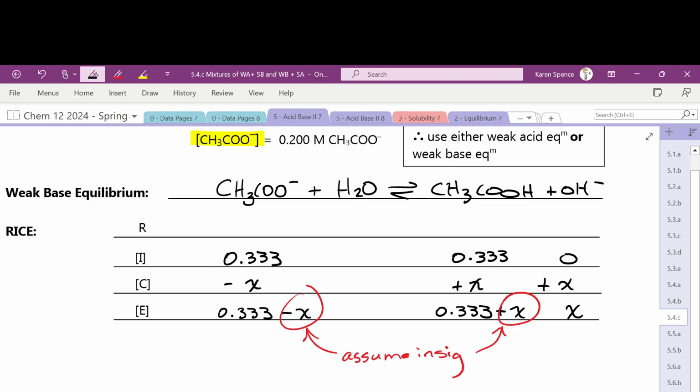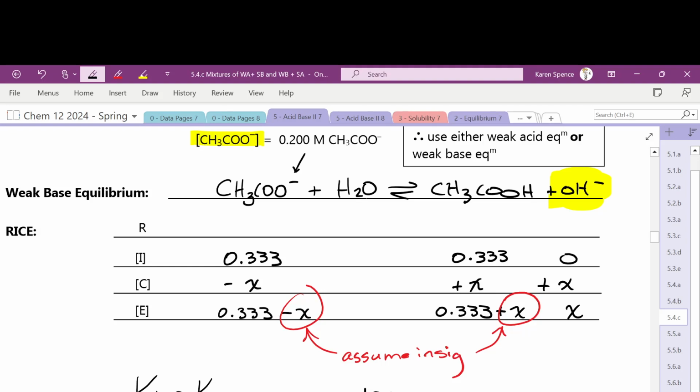Okay. So this has hydroxide here. And if it has hydroxide, what kind of K value do we want to use? We want to use KB. Okay, so KB is equal to KW over what? Ka of the conjugate acid, and the conjugate acid of CH3COO minus is CH3COOH.